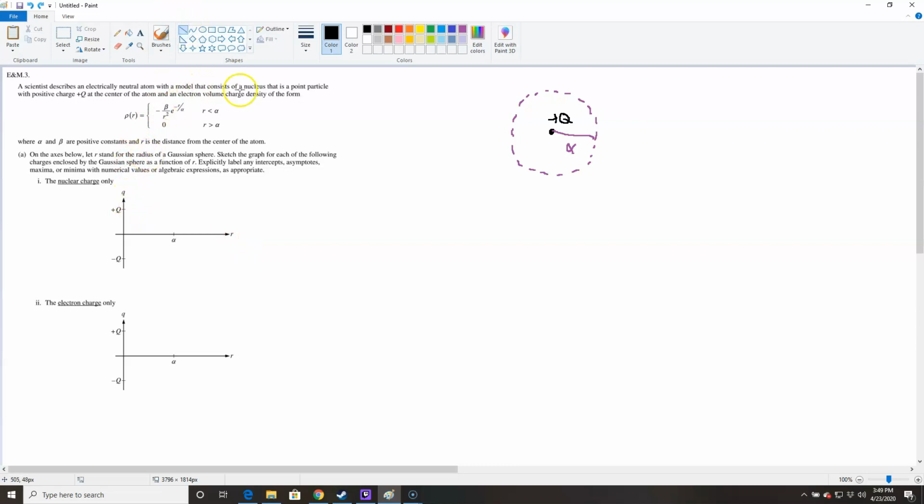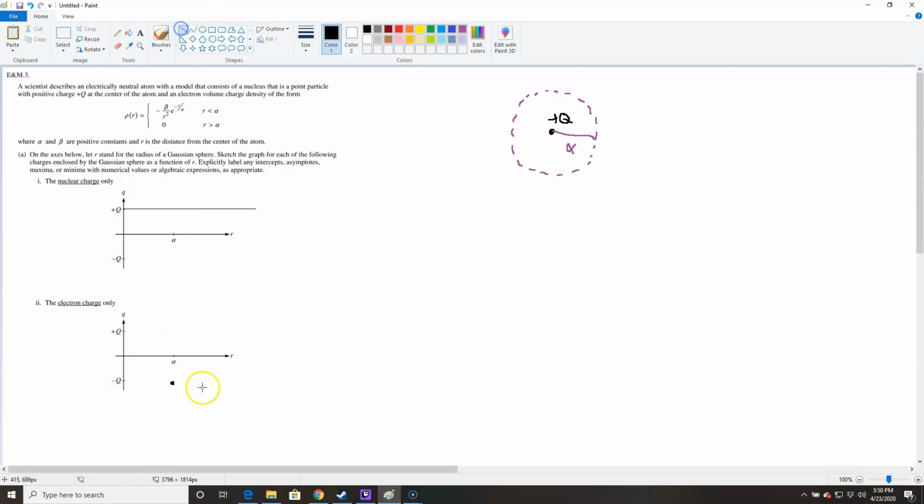The nucleus, as it says in here, is a point particle, which indicates it's constant, and it's constantly plus Q. Now, as for the electrons, once I hit the radius alpha, the total charge by the electrons would be negative Q, because the electrons would cancel out the positive Q from the nucleus.